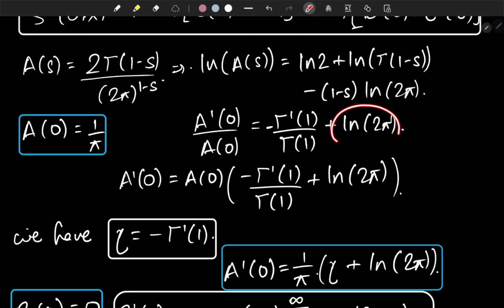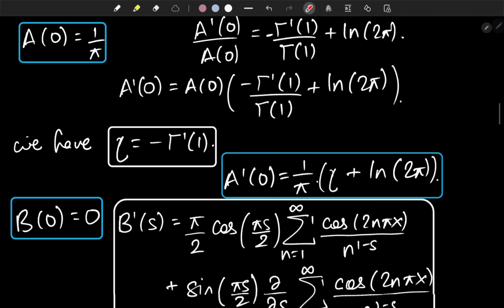So it's plus ln 2 pi, and this one is negative because the sign changes, since it is 1 minus s. And we have gamma dash of 1 over gamma of 1, and plus the natural logarithm of 2 pi.